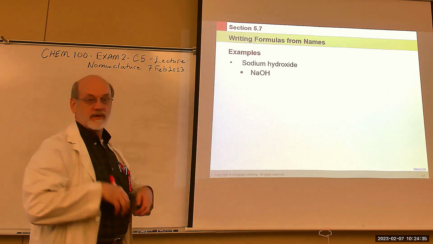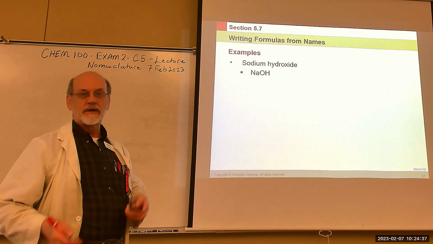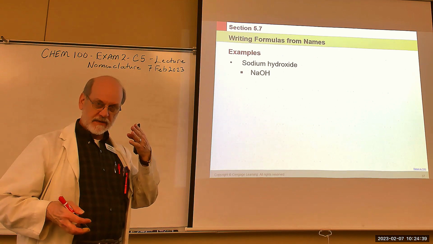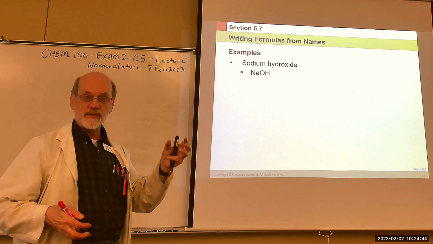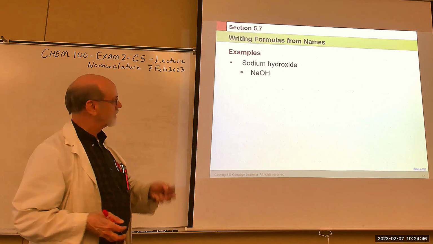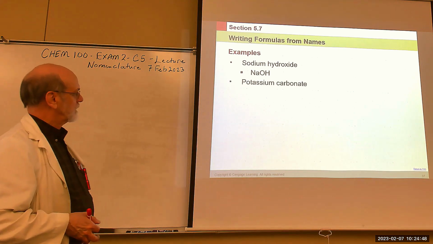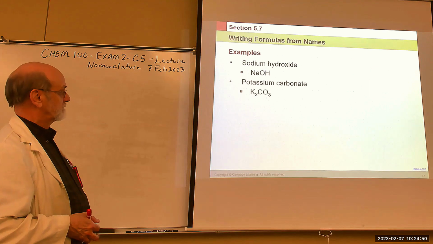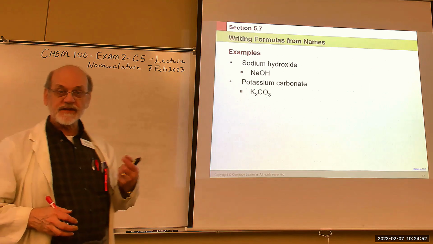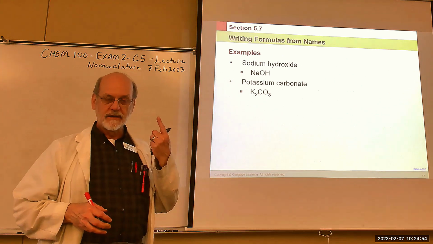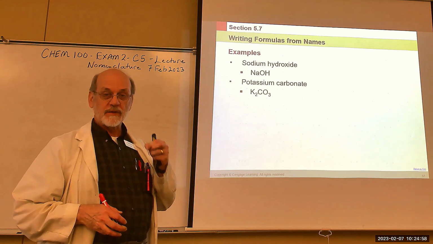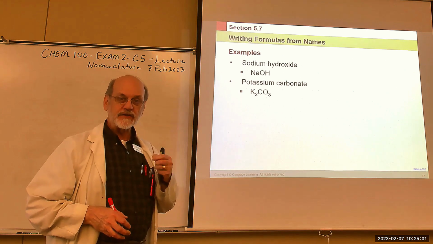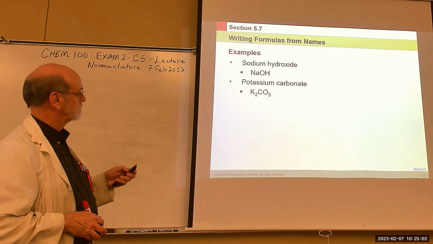You just name them like we would before. The cation position followed by the anion position, which will always be a hydroxide. Potassium carbonate. Potassium is a fixed charge, +1. Carbonate is a polyatomic ion with a 2- charge. So to balance the charges, we need 2 potassiums.